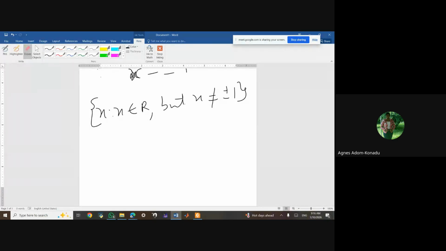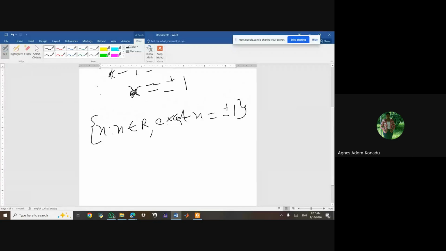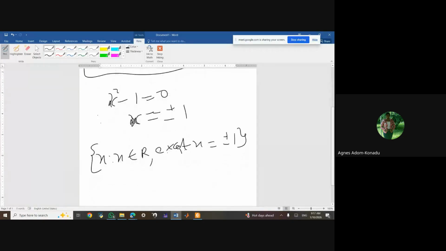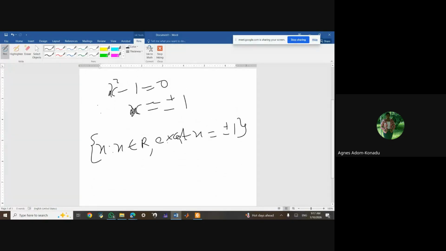So you can write except here. When you bring the except, you can write except x equal to plus or minus 1. So when you substitute any real value into this function, it will be defined. But when you substitute plus or minus 1, it will not be defined.